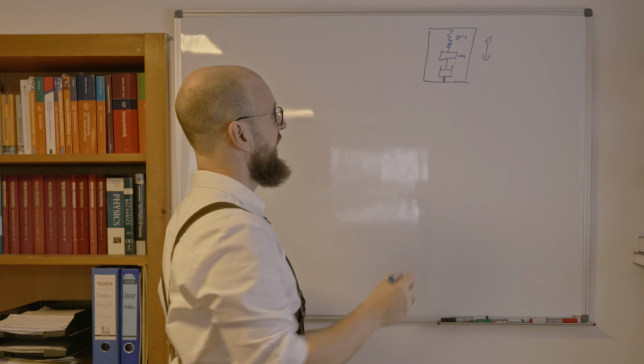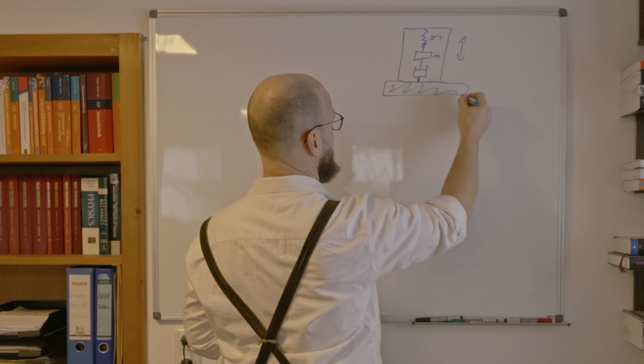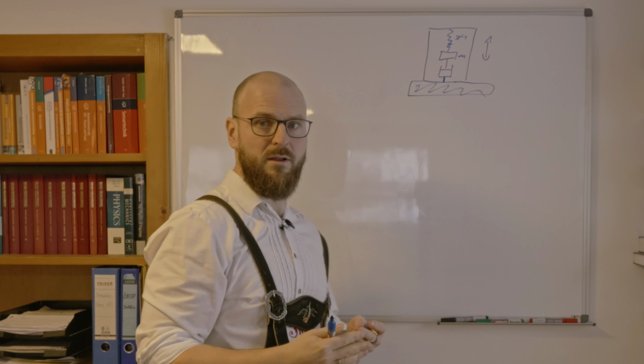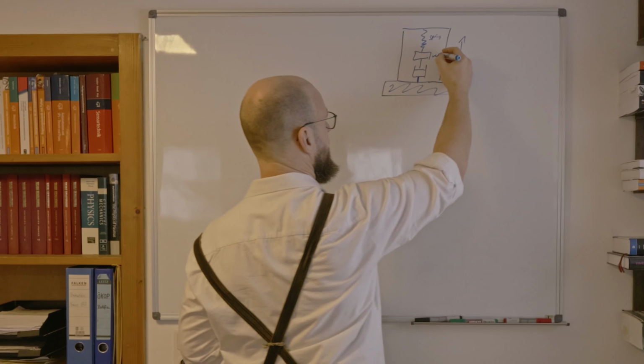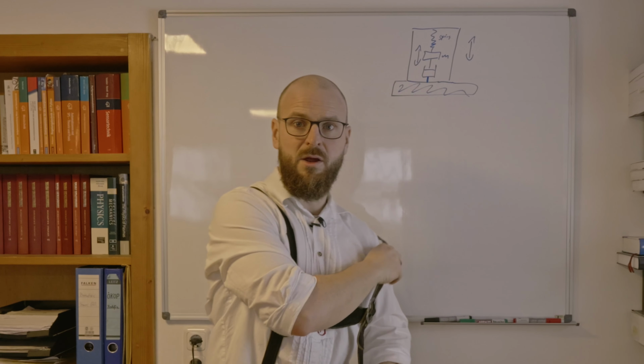And what happens is, we have the machine over here, which exerts a movement on the sensor, and now the inertial mass will try to keep its position, and so by that we will get a movement of the inertial mass within the sensor.